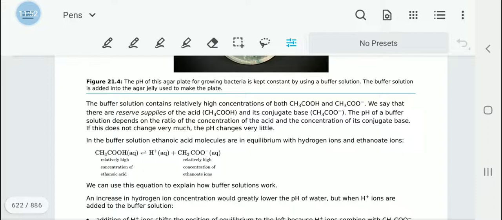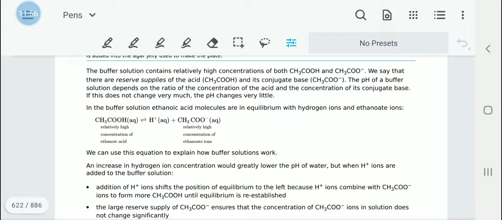If it does not change, pH remains the same. In other words, the H+ ion concentration is what defines this, because when CH3COOH breaks up, it produces H+ ions. So if it breaks up, there will be more CH3COO-. So here they both remain the same.